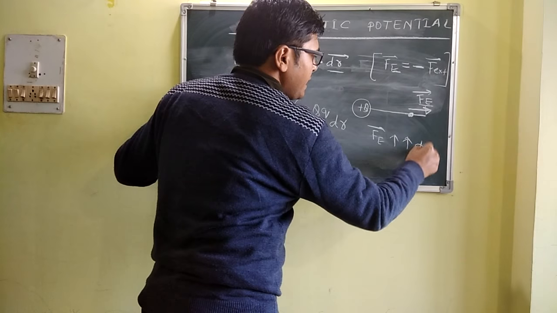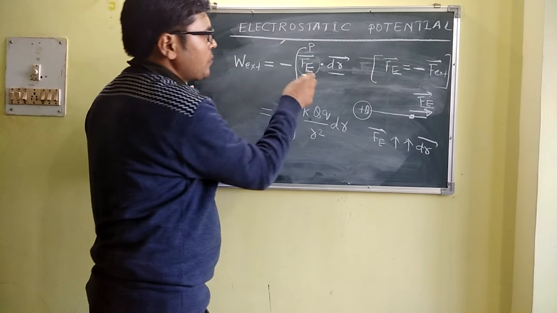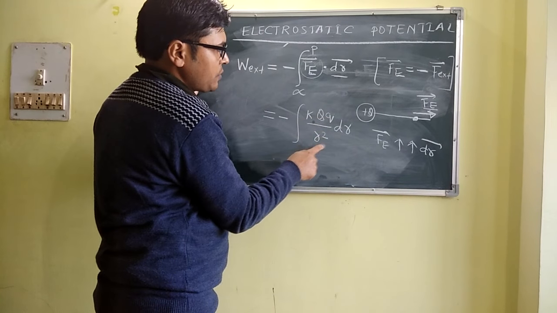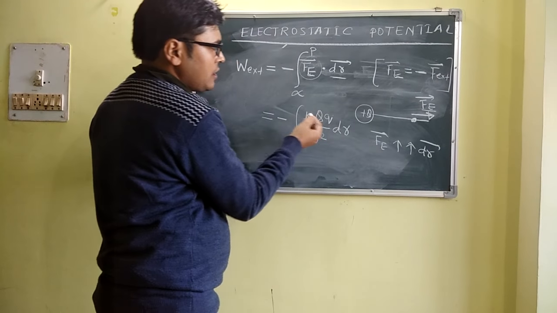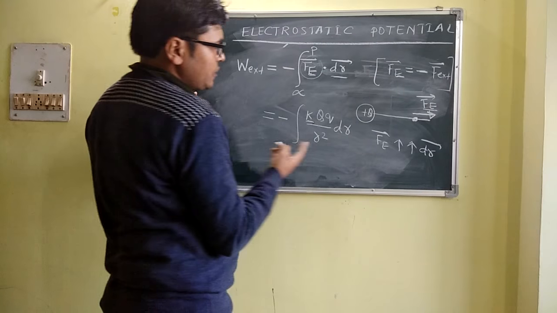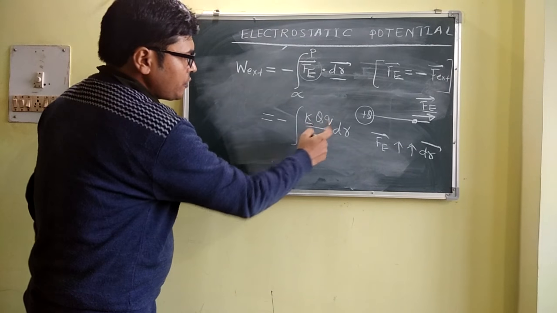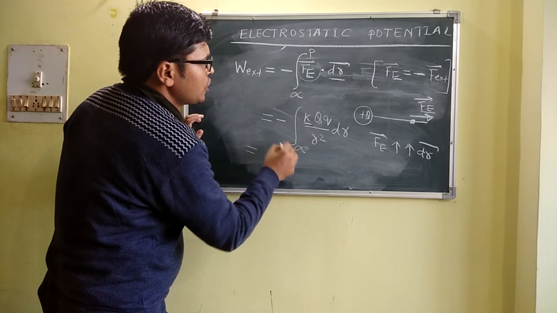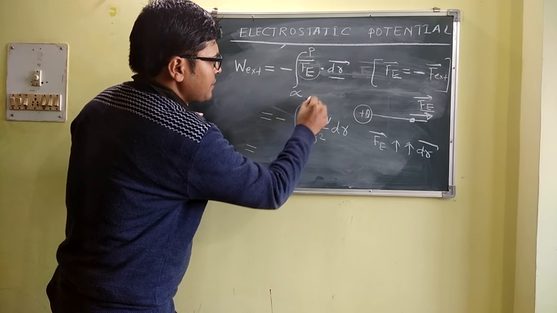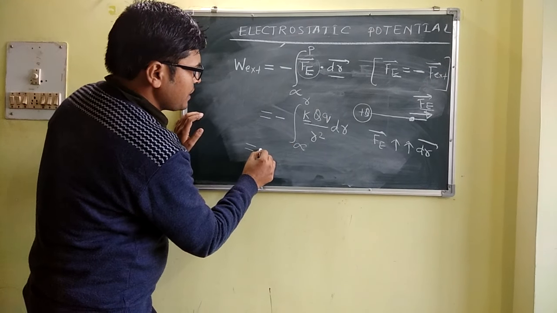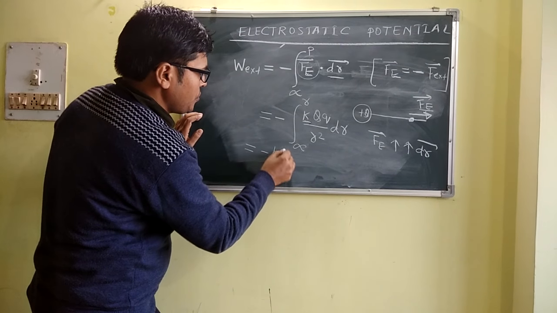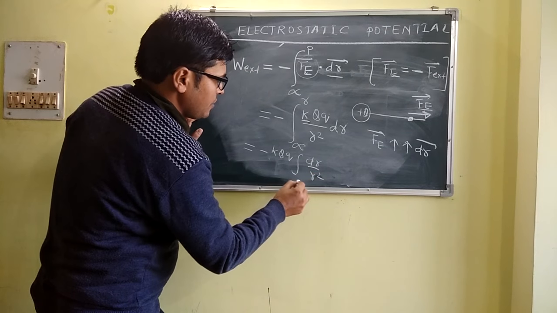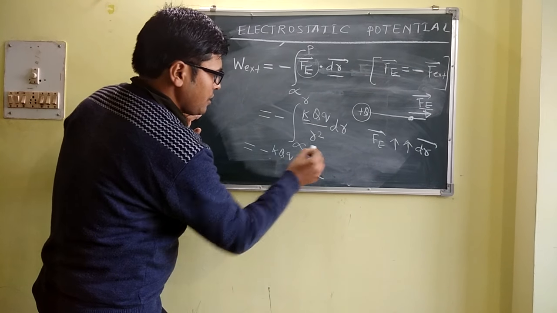So we can simply write this dot product as Fe into dr, and Fe would be KQQ by R square into dr, where K is Coulomb's constant, as we know. Now we are moving from infinity to some point R. So this comes to be KQQ dr by R square from infinity to R.